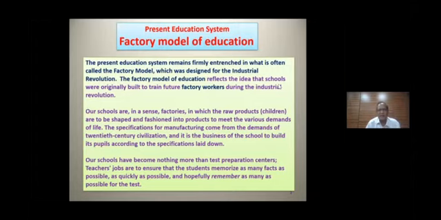Therefore, we have a definite set of subjects, and we teach them, evaluate them, and send our students outside. Therefore, as far as education is concerned, it is only an exam preparation center. That attitude, that approach, must be totally modified.